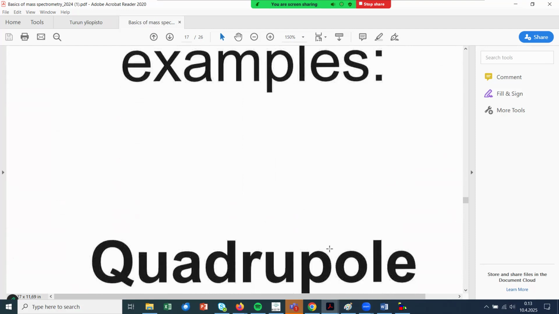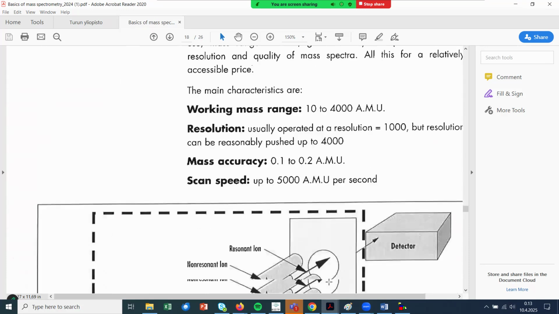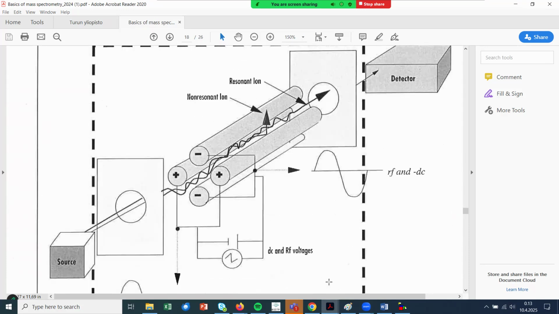Okay, then the analyzer examples. I have a quadrupole, which is the low resolution analyzer, and a time of flight analyzer, which is a high resolution analyzer. And this quadrupole, as you see, has 4 poles, as the name says. Quadru, which is a 4, and pole structures.